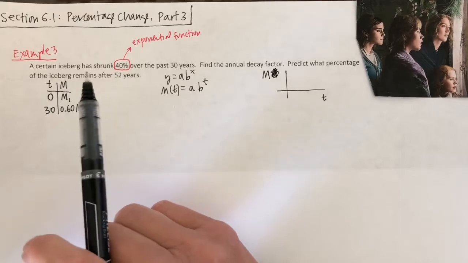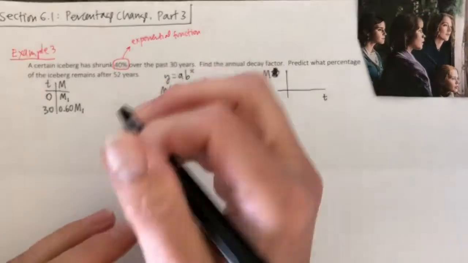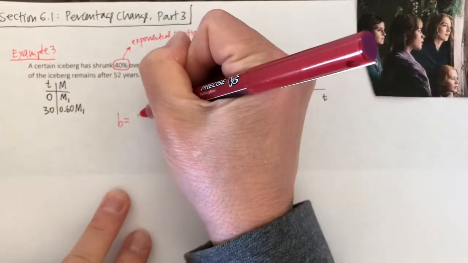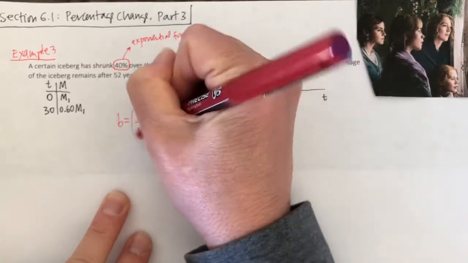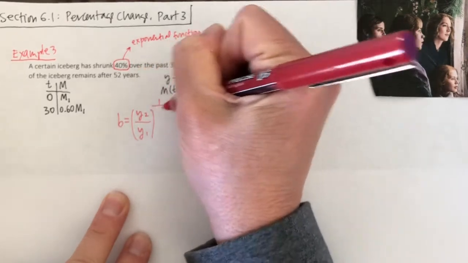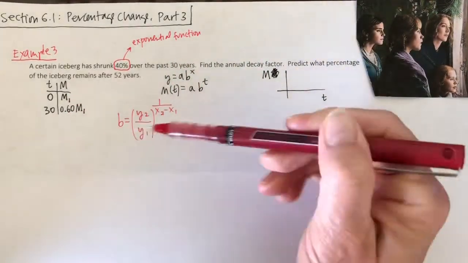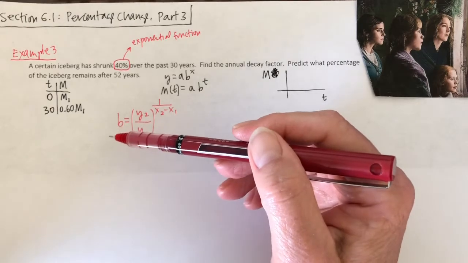Okay, back to our problem. I do also remember that I have this formula where the change factor is a y value over another y value, raised to the 1 over x2 minus x1. So I have these two values, and I'm going to put them in here and try to come up with some sort of change factor.